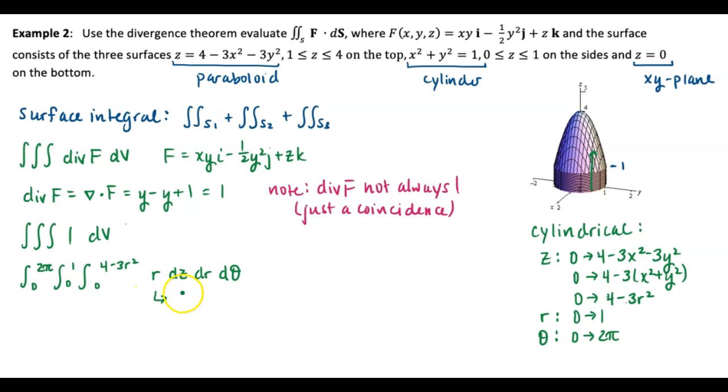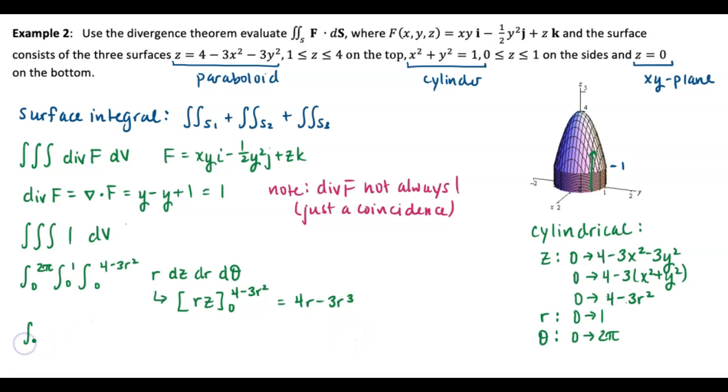So starting with the innermost integral, taking the antiderivative of r with respect to z is going to be rz as we go from 0 to 4 minus 3r squared. Plugging in 4 minus 3r squared, we are going to get 4r minus 3r cubed.